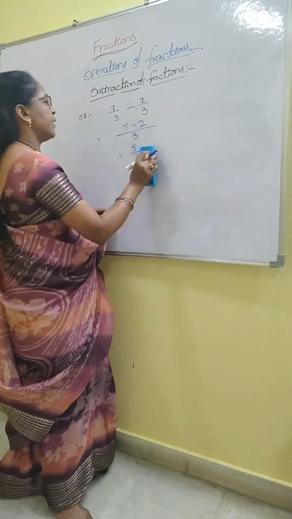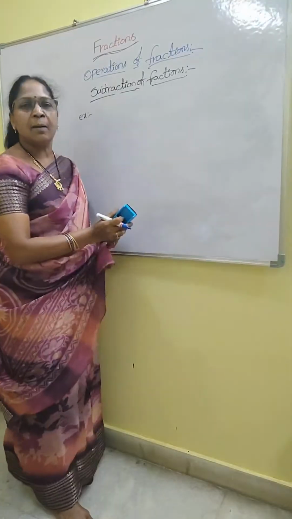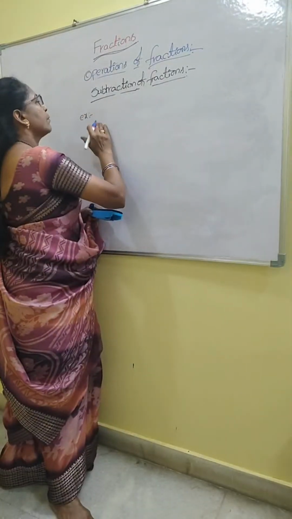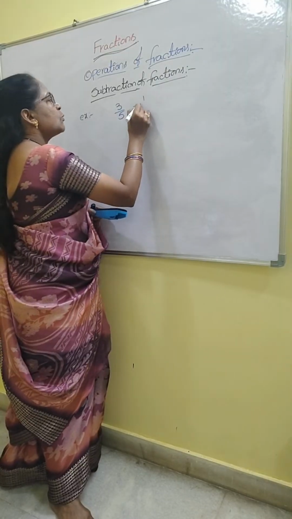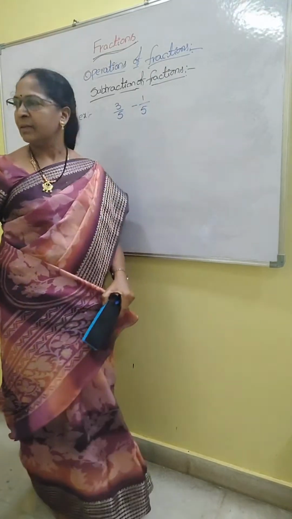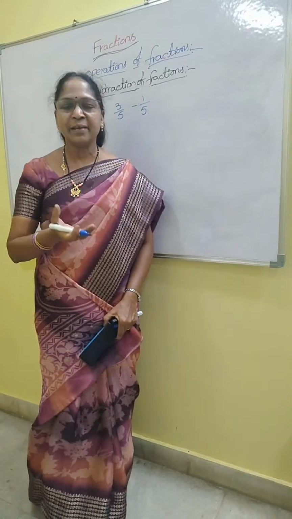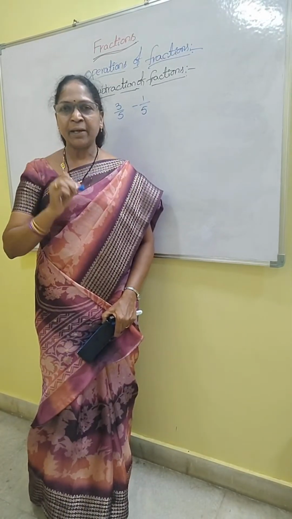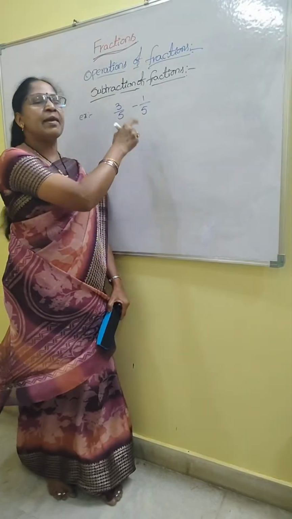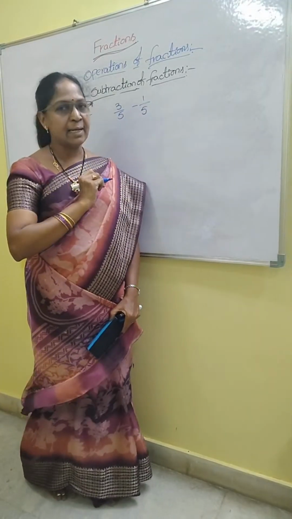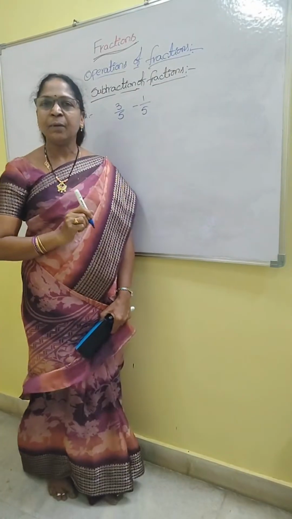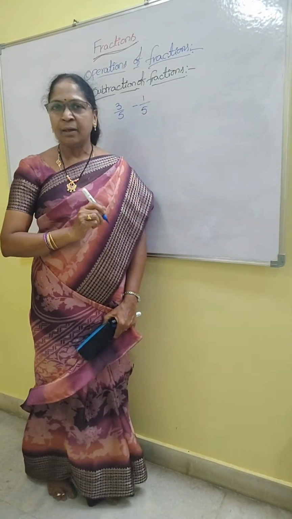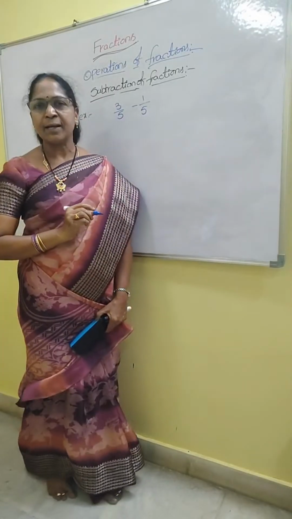Okay. Next one. For example, one more example. Just we will see here. 3 by 5 minus 1 by 5. Yes, these two fractions are also like fractions. How can you say? You can answer in the comment box. How can you say these two are like fractions?